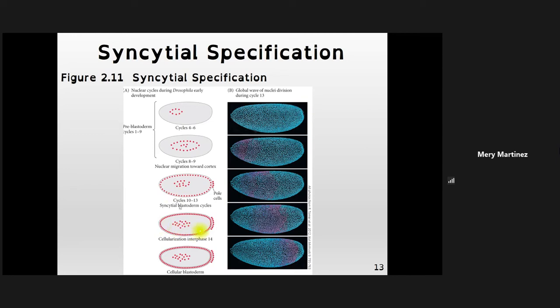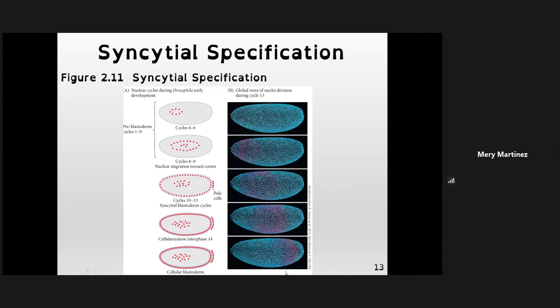But also, with time, the cytoplasm of the egg is not uniform. The anterior and posterior parts have different molecules that will indicate which part these cells are going to form compared to these parts.